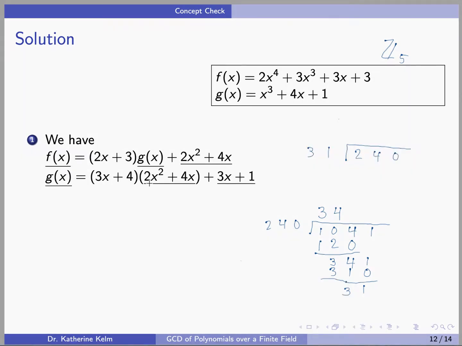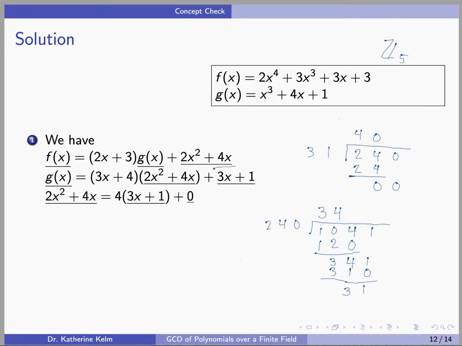Finally, we divide 2x squared plus 4x by 3x plus 1, and we get 4x plus 0 with a remainder of 0. Therefore, 3x plus 1 is our last non-zero remainder.